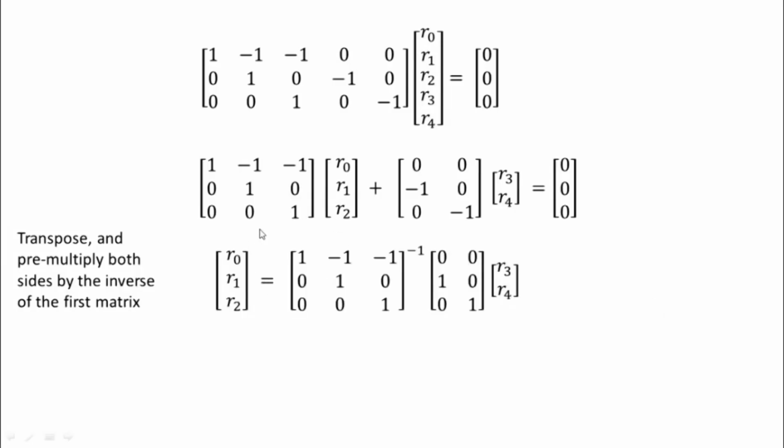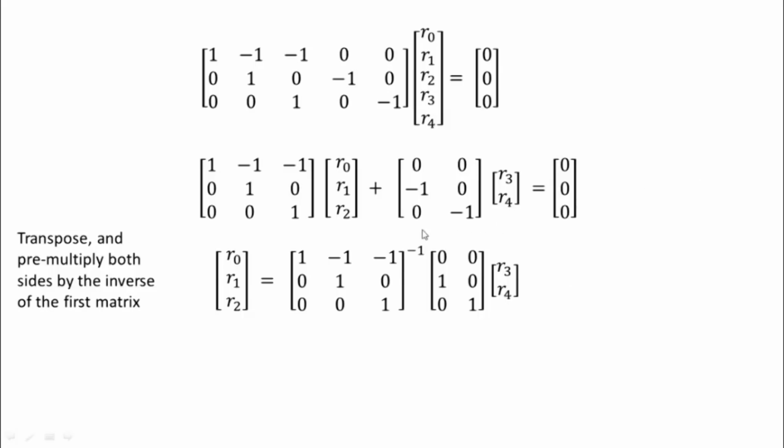So if we pre-multiply this matrix with its inverse, this will drop out, and pre-multiply this with the same inverse matrix, this term will remain, and anyway this is 0, so this is going to drop out.